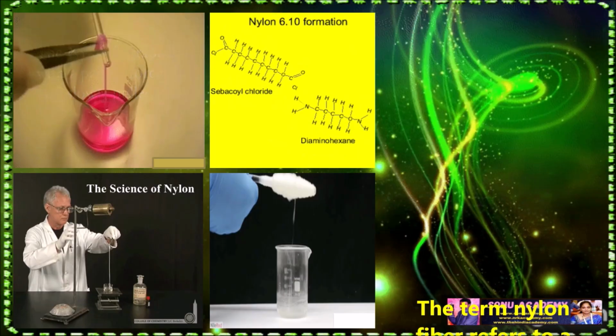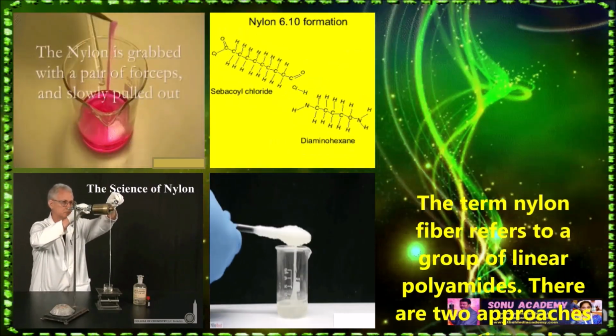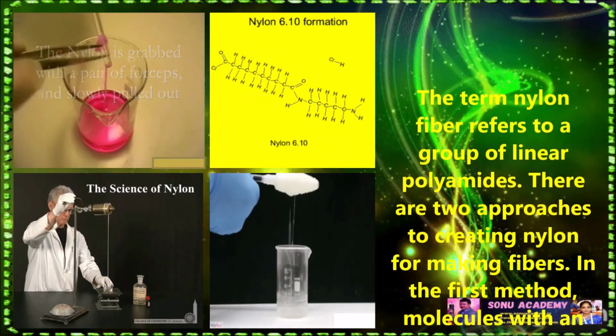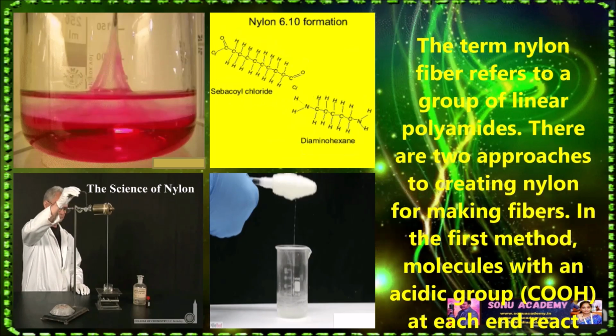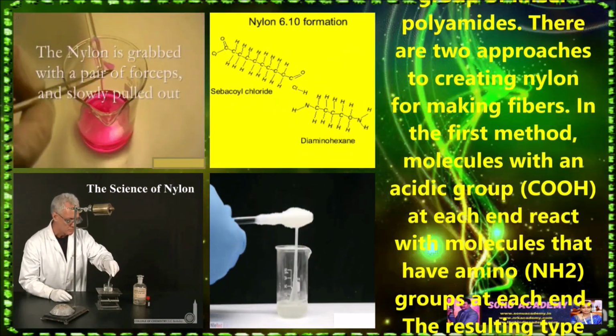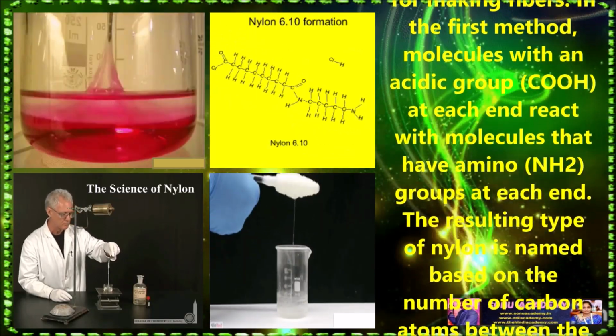Children, let us discuss the science of nylon. The term nylon fiber refers to a group of linear polyamides. There are two approaches to creating nylon for making fibers. In the first method, molecules with an acidic group at each end react with molecules that have amino groups at each end.